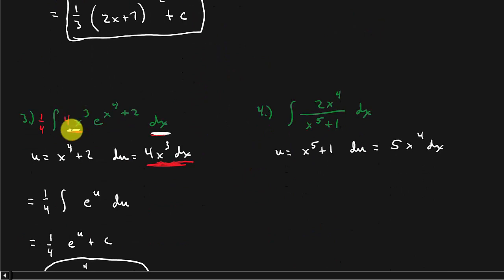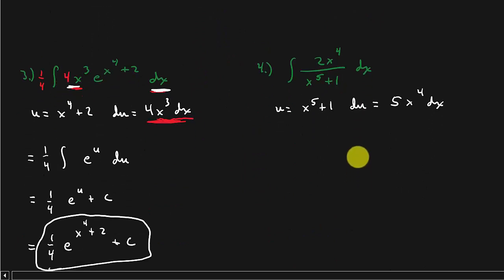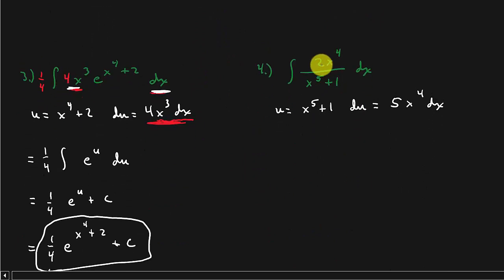Here we were missing a 4, so we multiplied by 4. Here we need a 5, but we can't just multiply by 5 because we have a 2 here. So whenever you do your du and this number doesn't match this number, what I like to do is rewrite this problem and pull that 2 out.